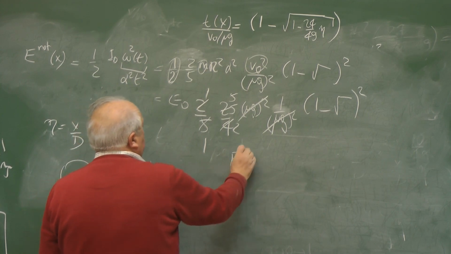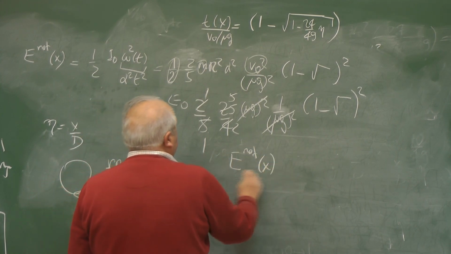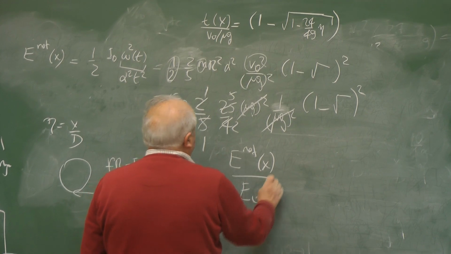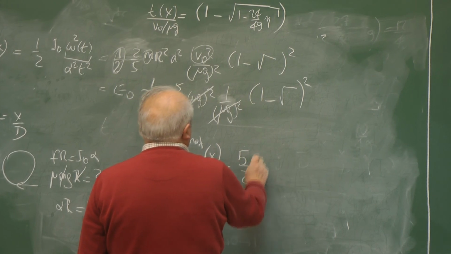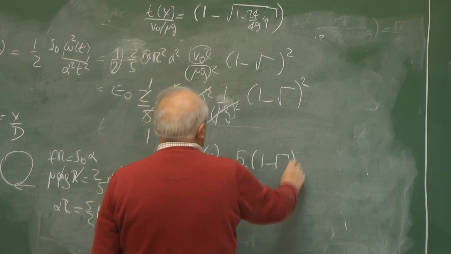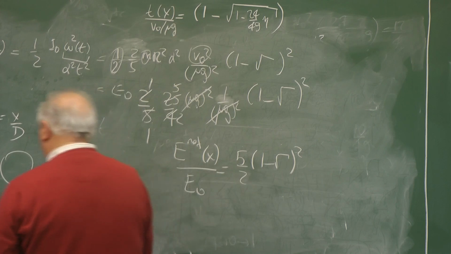So E rotation at x divided by E0 is 5 over 2 times 1 minus this root thing squared. So I will take the square.